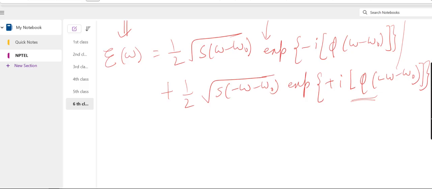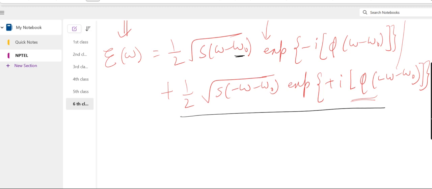And now we can consider that the negative frequency component contains the same information. This is the negative frequency component. They contain the same information as the positive frequency component, and we usually neglect it. We also put omega naught equal to 0 because omega naught is almost constant, the carrier frequency.